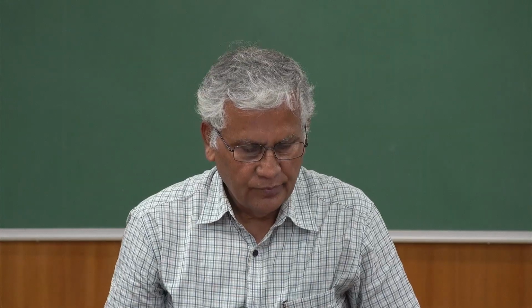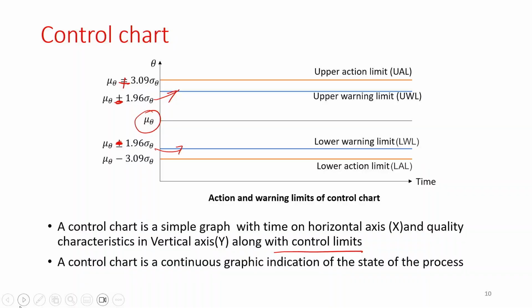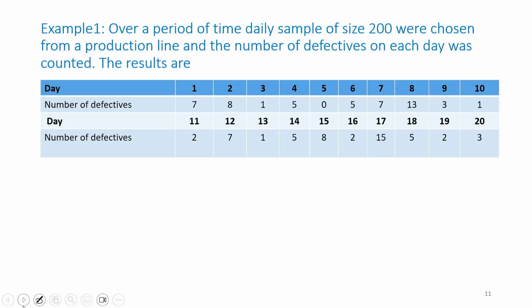A control chart, therefore, is a continuous graphic indication of the state of the process. So that is all about the control chart basics that we have learned.